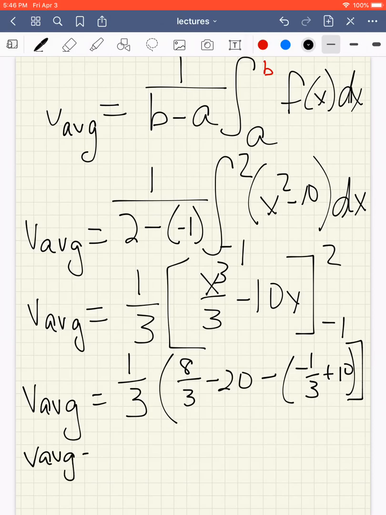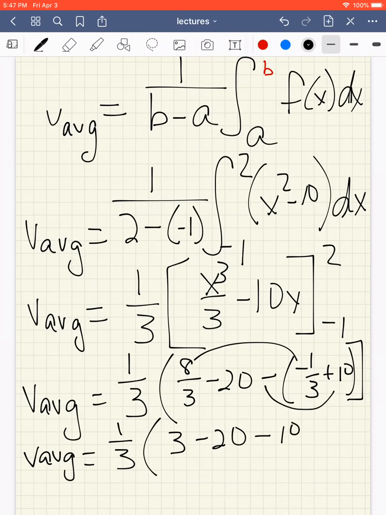So the average value is going to be 1/3 times, 8/3 plus 1/3 would be 9/3 or 3, minus 20, and this minus times 10 would be minus 10. So that's minus 30 plus 7. So 1/3 times -27 is equal to -9.